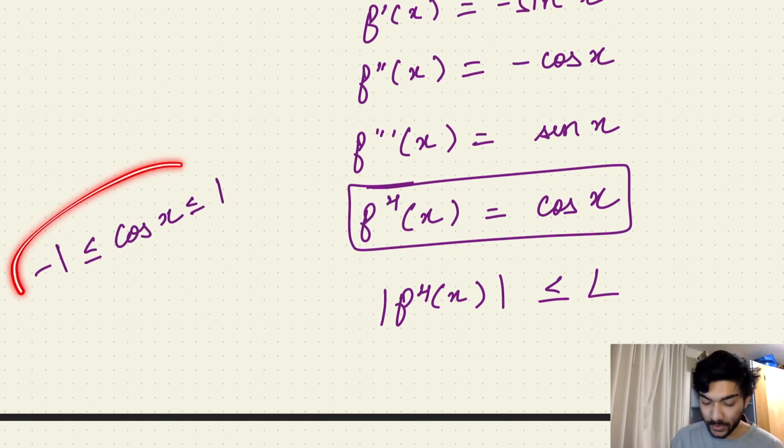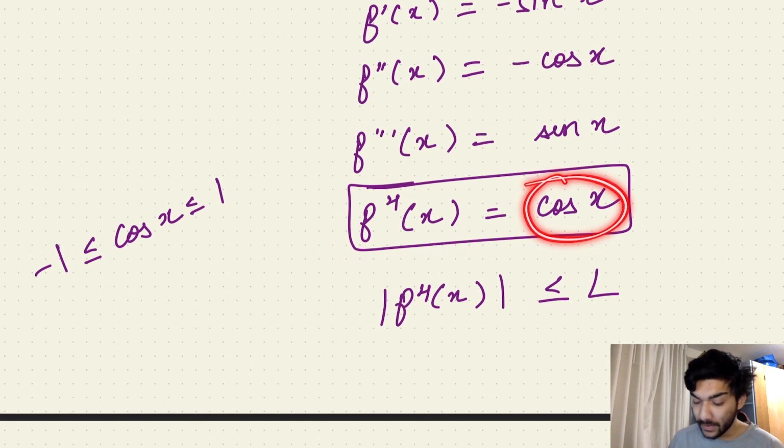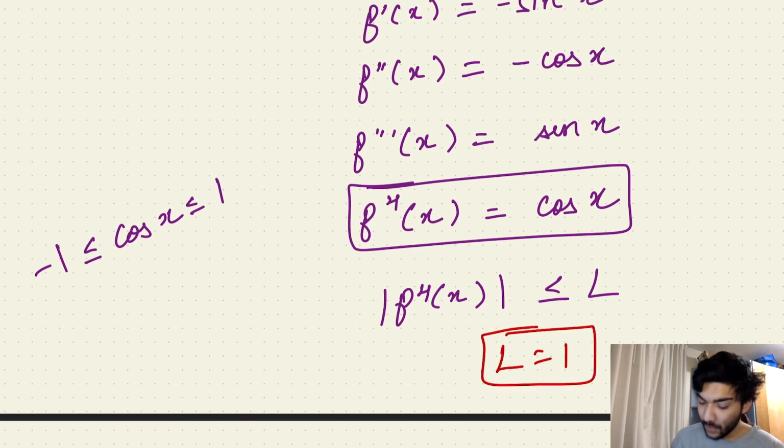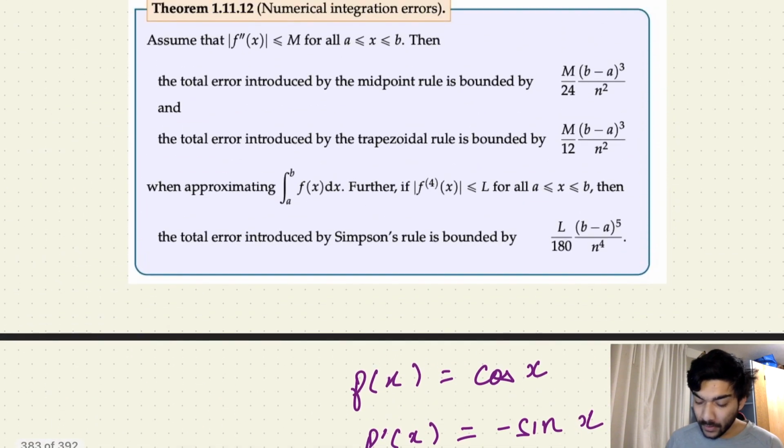Cos x always alternates between the values minus 1 and 1, right? So in order to calculate the maximum value of the fourth derivative of f(x) in this case, L would simply be 1. So 1 would be a reasonable maximum value of cos x. So we have calculated L.